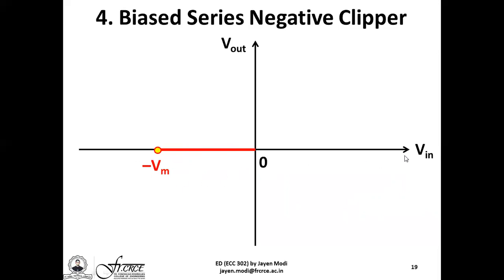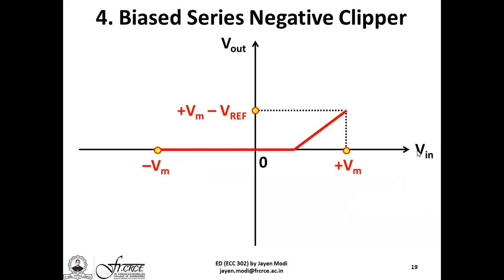However, when you have a positive half cycle of the AC input signal appearing, this particular half cycle has to wait for a small time until it can overcome the DC reference voltage Vref, thereby allowing the diode to conduct again.